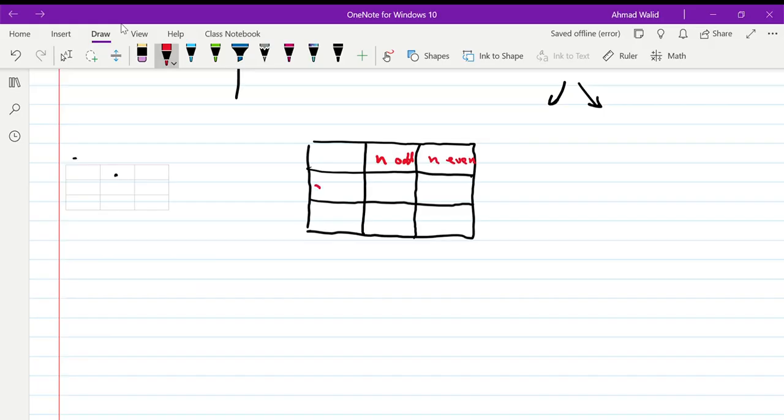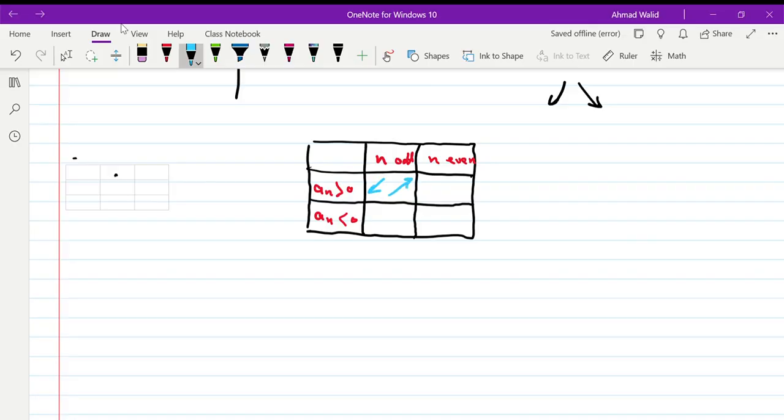Here, a sub n greater than 0. Here, a sub n less than 0. If a sub n was greater than 0 and n was odd, that was the end behavior of the graph.